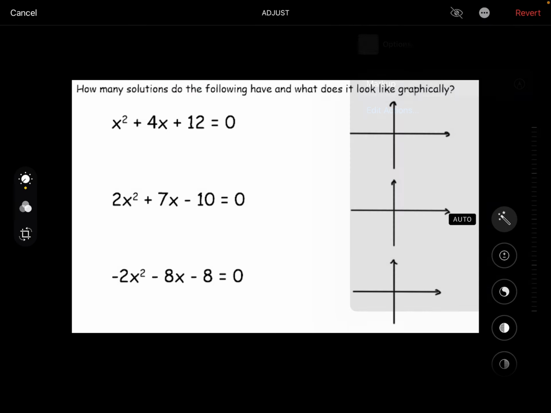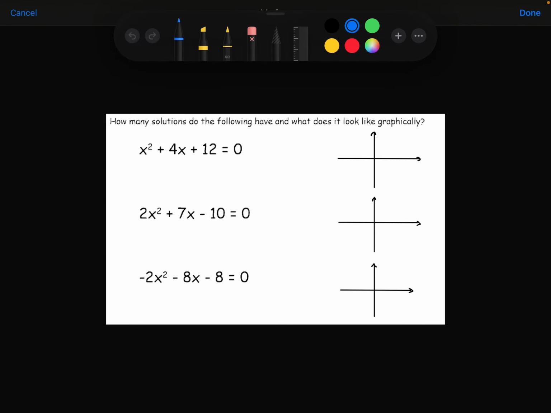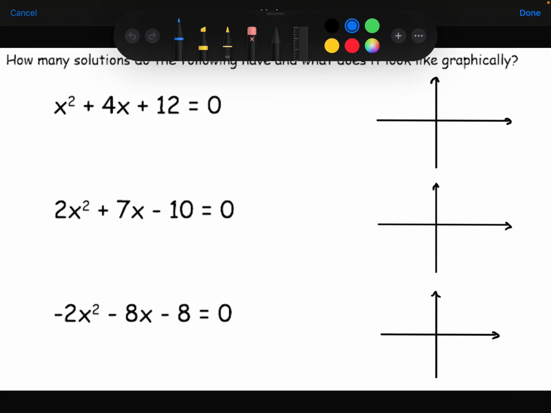So, we've got a quadratic here. We've got x squared plus 4x plus 12. Let's calculate its discriminant. So b squared minus 4ac. The b is 4. The a is 1. And the c is 12.